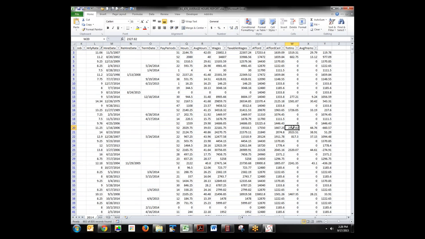There are a number of reasons, obviously. But this is where we're comparing the affordability ceiling, the 9.5% of their rate of pay at 30 hours a week, or 60 hours a pay period if they're biweekly, to the total insurance premiums that they were deducted for the year.